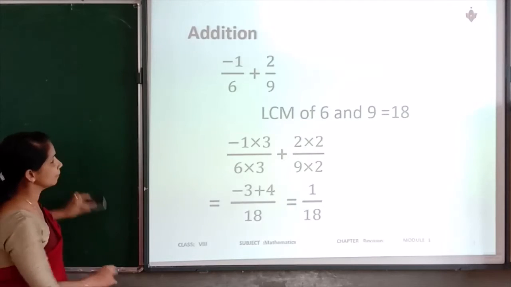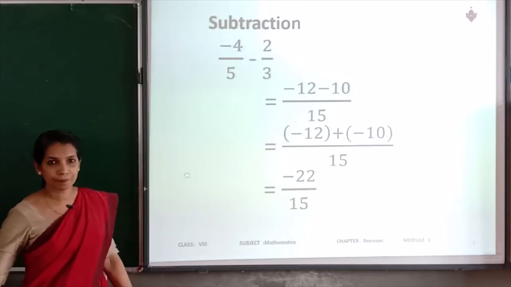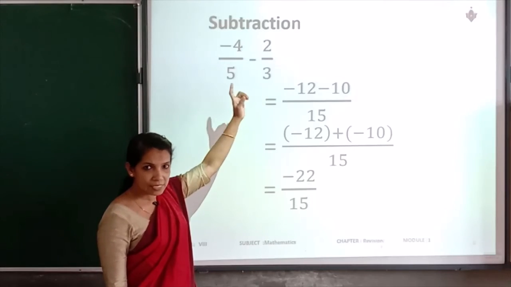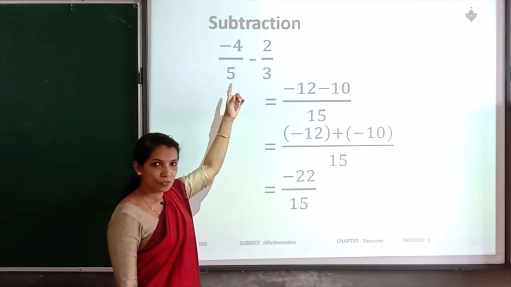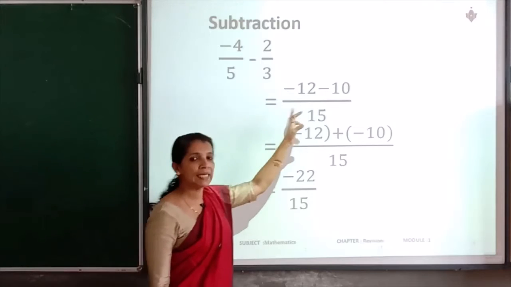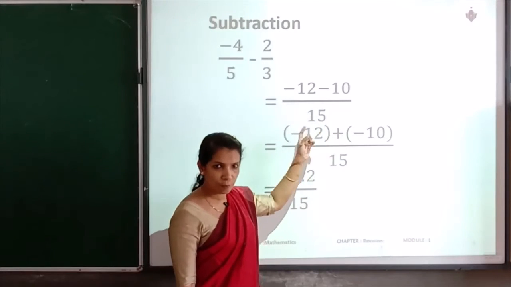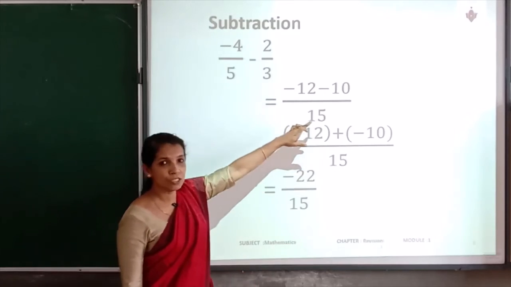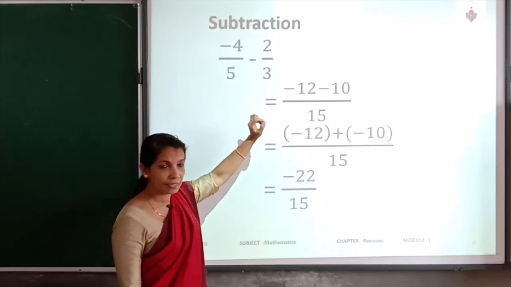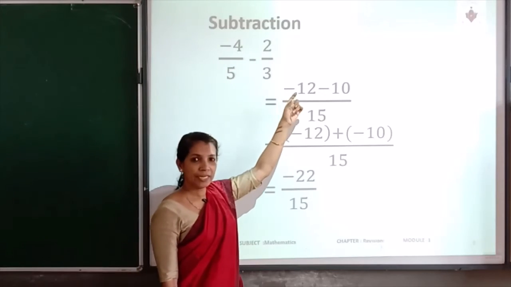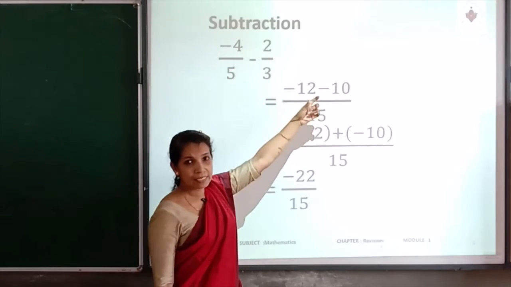Next we will see the subtraction one question. Negative 4 by 5 minus 2 by 3. What is the LCM of the denominators? 5 and 3, LCM is 15. So here I have taken that 15 as the common denominator. The same method, 5 into 3 gives 15. Multiply that 3 in the numerator. Negative 4 into 3 is negative 12 minus.